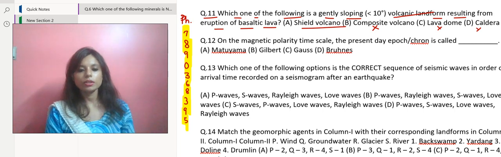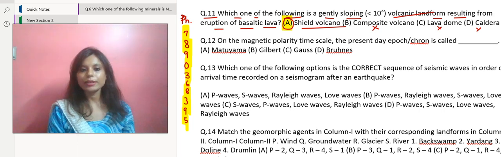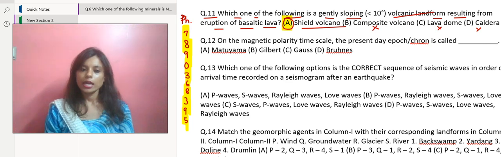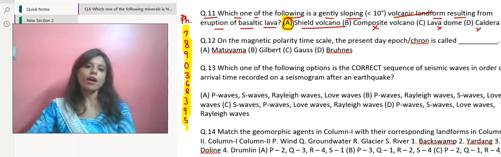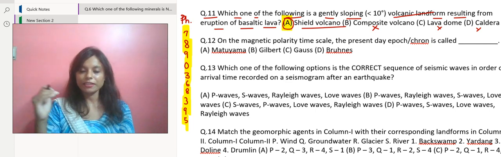Now, shield volcano is the correct option because shield volcanoes are formed by the eruption of fluid basaltic lava. Okay, and this basaltic lava flows easily and travels far from the volcanic vent.